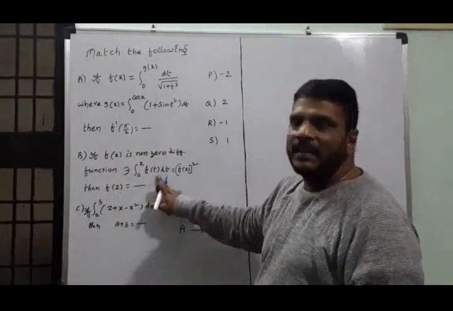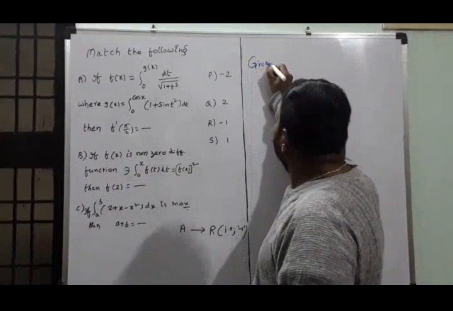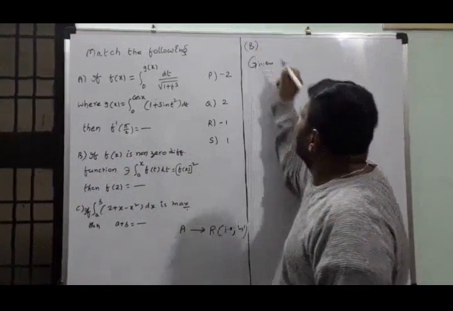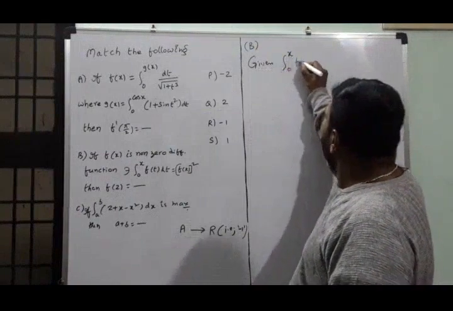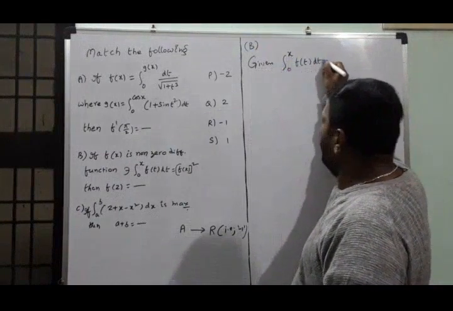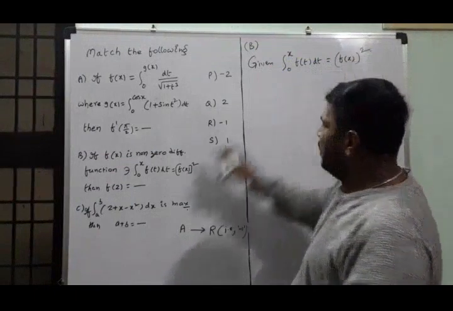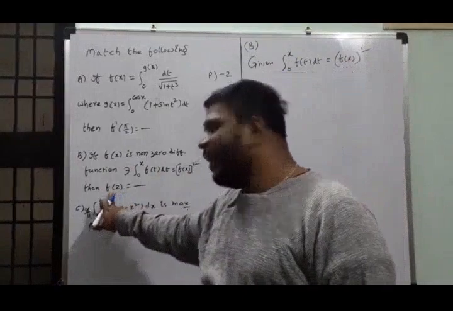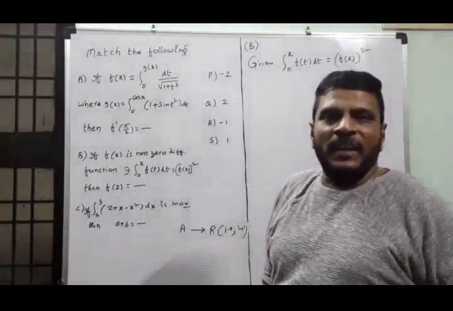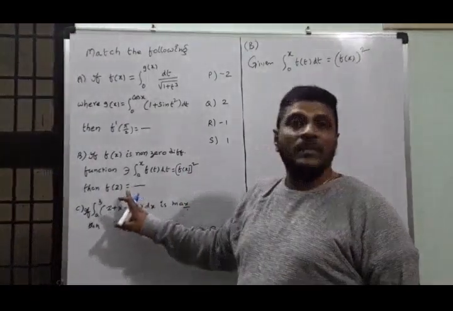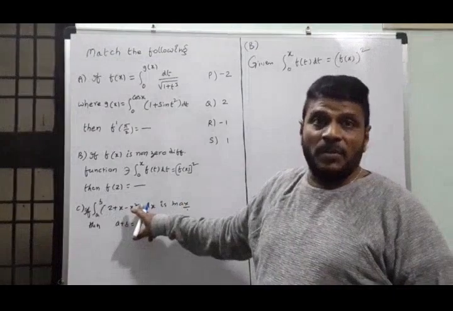Take the given equation, question number B: integral 0 to x f(t) dt is equal to (f(x)) whole square. That is given. Then you have to find the value of f(2). All of you listen carefully how I am solving this question by using the Newton-Leibniz rule.